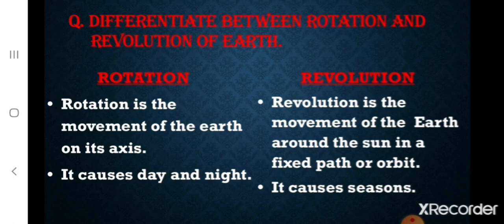Second point. It causes day and night. Revolution. Second point. It causes seasons. So children, there are days and nights and changes in the seasons because of the rotation and revolution of the earth respectively. So children, these are the differences between rotation and revolution of earth.